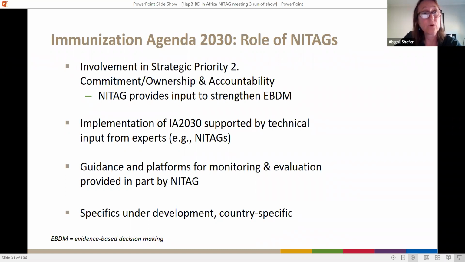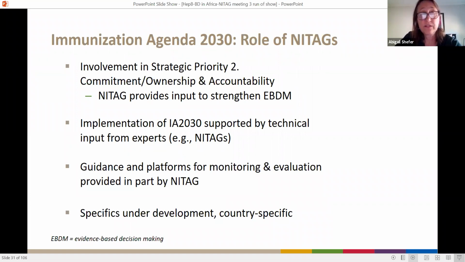So they do play an important role in that aspect. Implementation of IA 2030 will be supported by technical input from experts, including NITAGs and RITAGs, and will build upon guidance from SAGE to help ministries of health prioritize programmatic areas. So they also play an important role there.